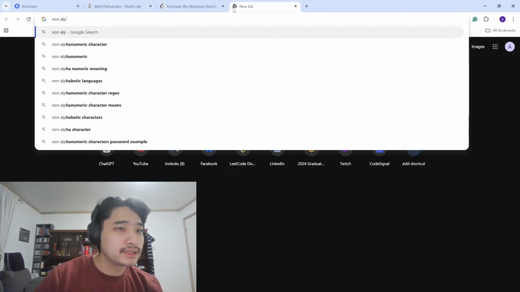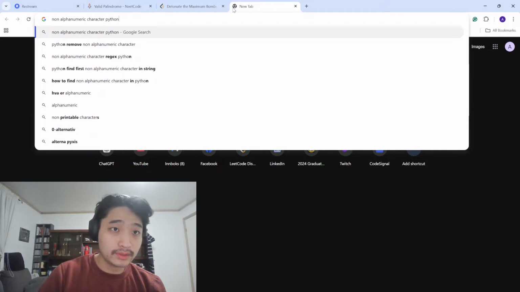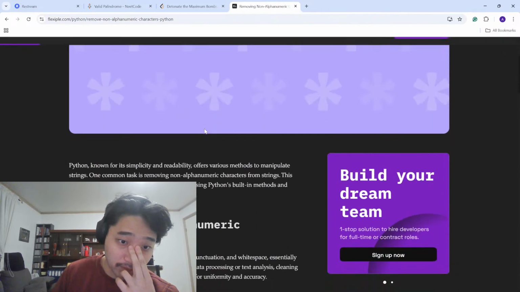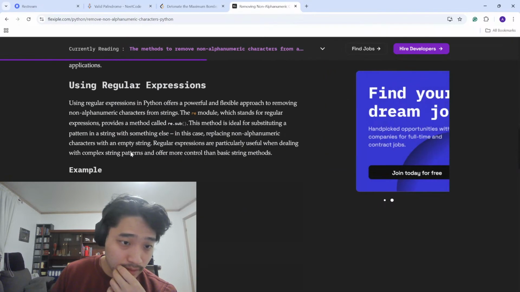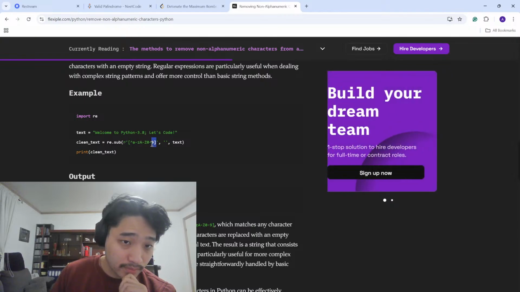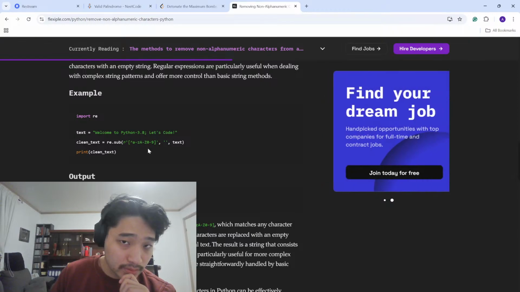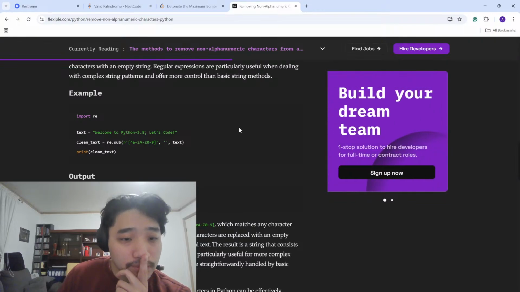This is cheating, but I will do it just because I need to learn it more properly, and I don't have the memory for it. That's not it. Yeah, re.sub, alphanumeric. Oh, it's which one I want to keep.